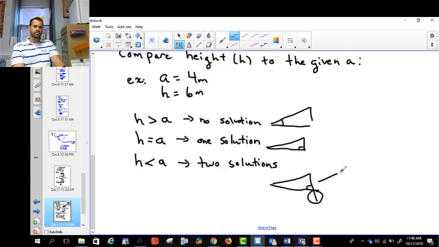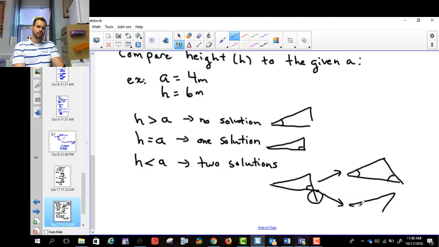And so what ends up happening is you either have to take that piece and swing it out, okay, which makes an acute angle over here, or you have to take that piece and swing it in, which makes that an obtuse angle. All right, so that's how you decide whether or not you have 1, 2, or no solutions.